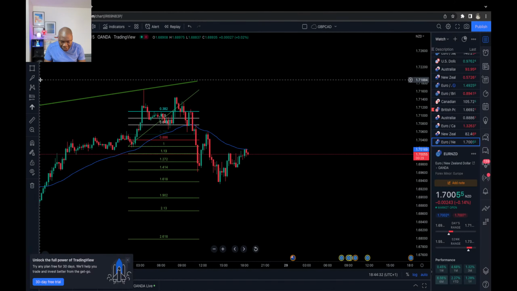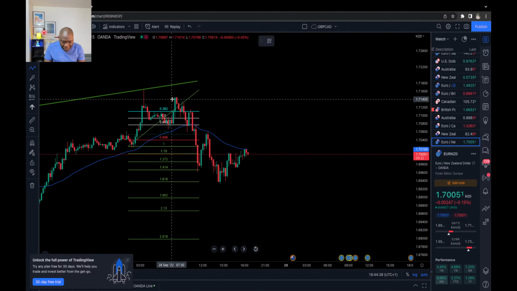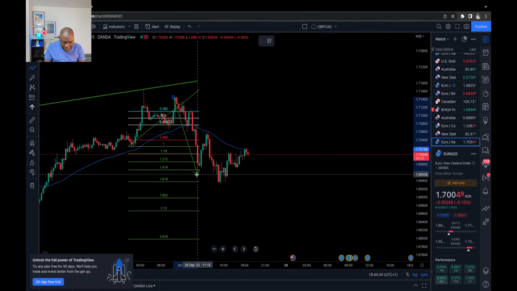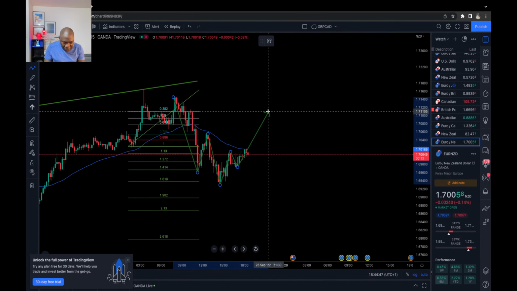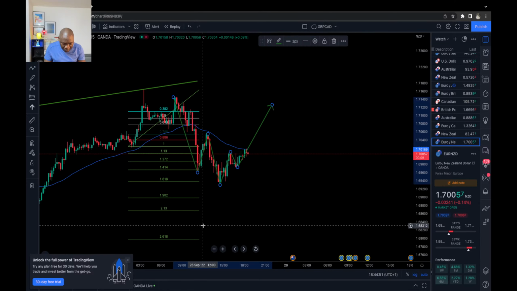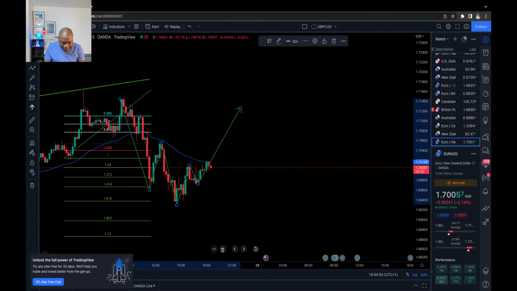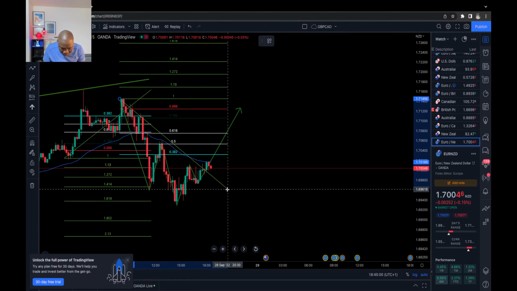This looks to me like a head and shoulder pattern. Don't know if you can see it, but it looks like a head and shoulder pattern. It's not fully formed yet, but that's what it looks like to me. Or having said that, it could be another Cypher pattern. So if I do X to A, that's 50%.